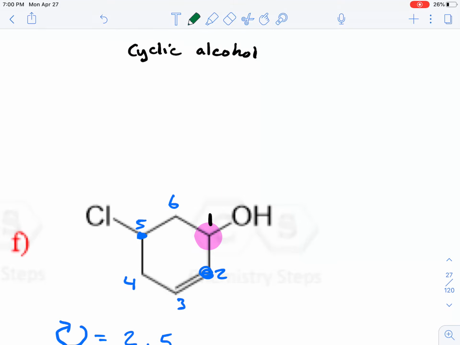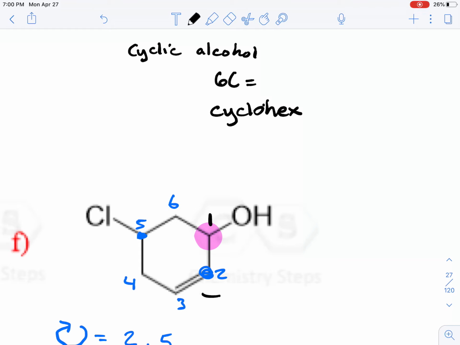So let's go ahead and focus on the name now that we have the numbering system down. And you guys can go either way, doesn't really matter. And so here in this case, I have 6 carbons. So since I have a 6 carbon compound and it's cyclic, I'm going to say cyclohex. Okay.